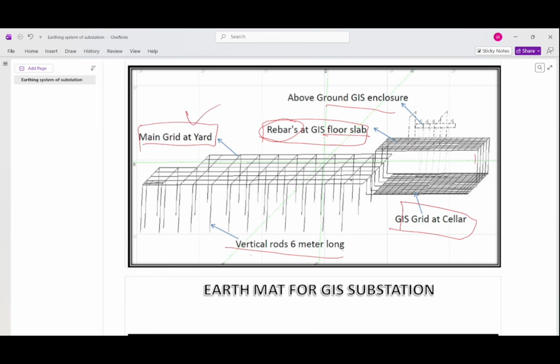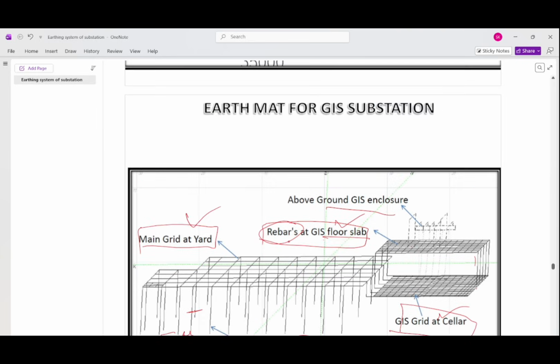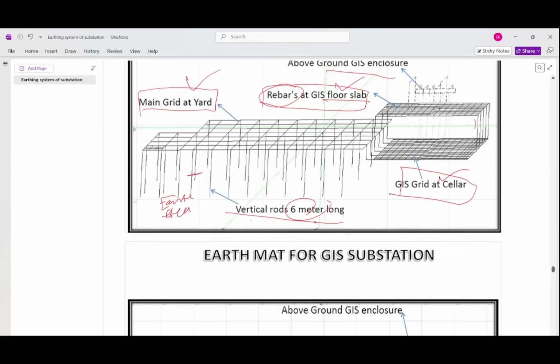These two grids are provided, cellar and here also, and floor strips are laid along the floor for the interconnections of the earthing. And these are the vertical 6 meter long earthing rods, earth electrodes. So the earth mat for the GIS substation is provided in this way.